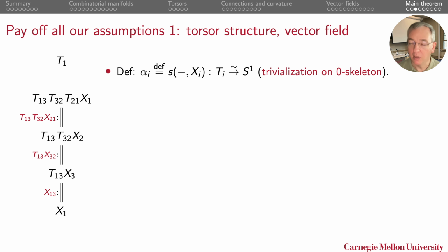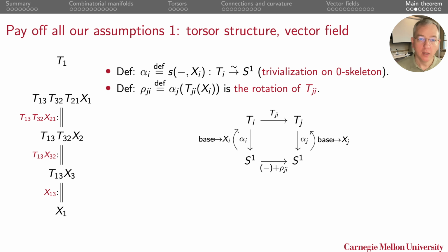All the fibers have a given isomorphism with S1. And we're using the torsor structure and the vector field. So now that we have that alpha i, that equivalence, we can start to push different things we've defined, all of our structures, into just S1. We're going to remove the dependency in that way.